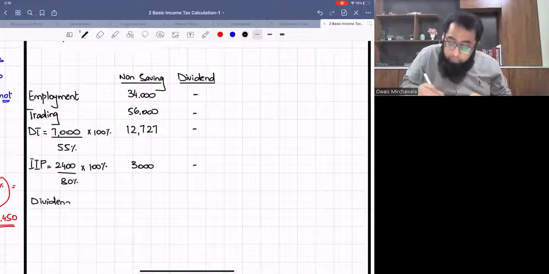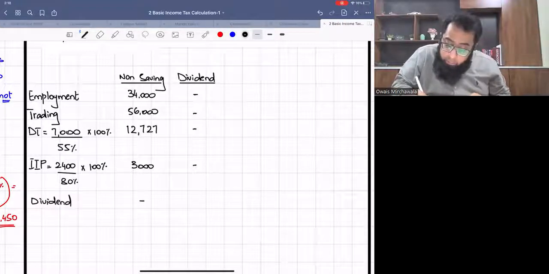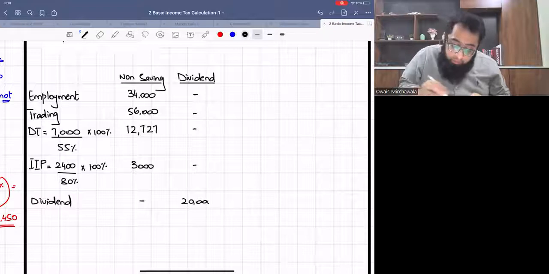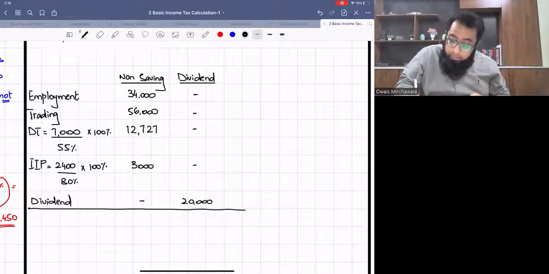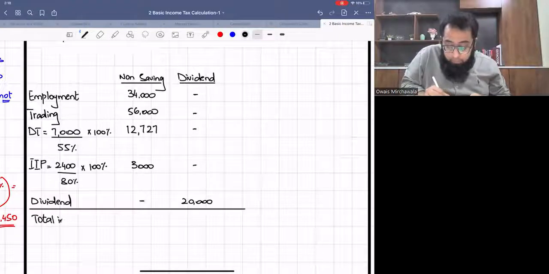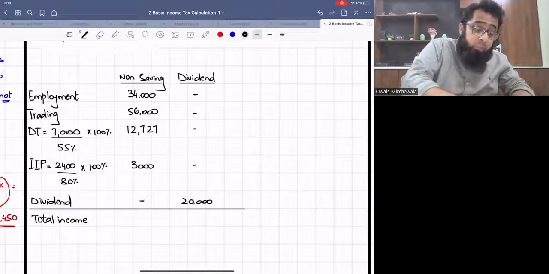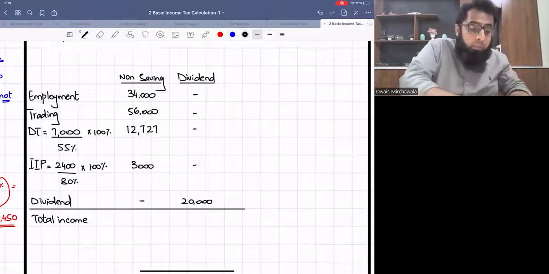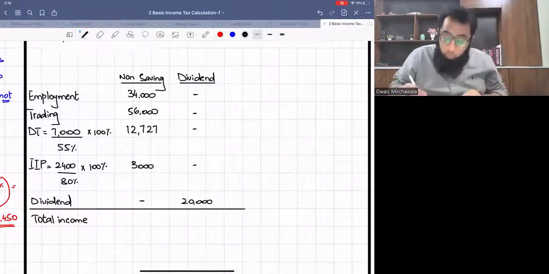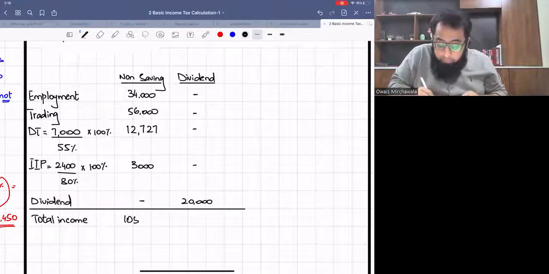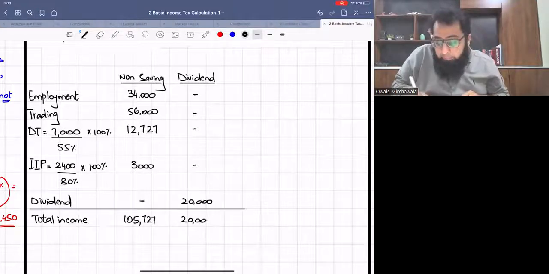So I hope you all remember that the first step is to classify the incomes in the right heads. This gives us the total income of how much? 34,000, 56,000, 12,727 plus 3,000. So it's 105,727, and this is 20,000.